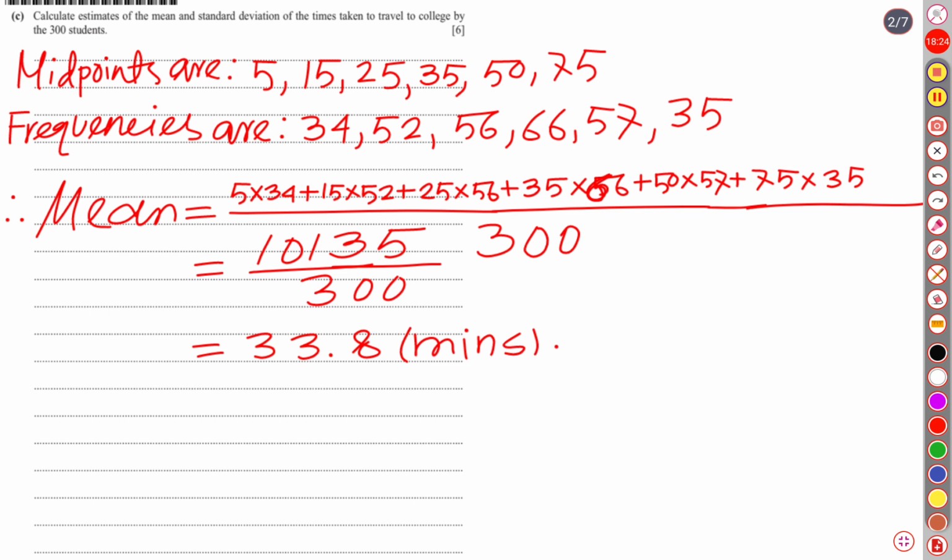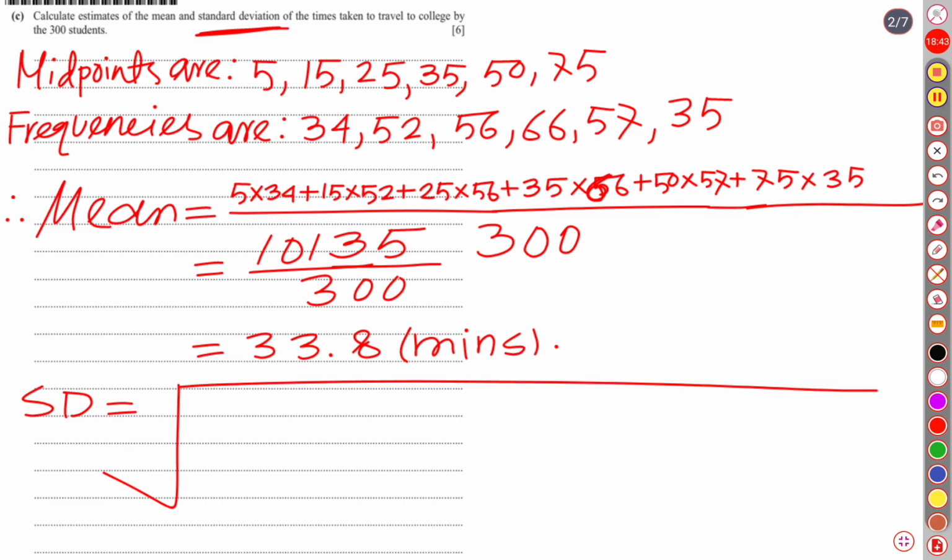Then the second one is we are going to find the standard deviation. The formula is known to us. Again, I am not writing the formula, please don't get confused.